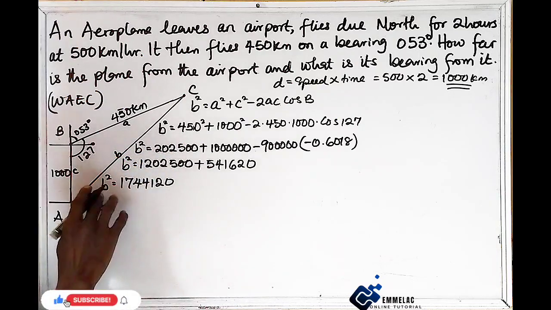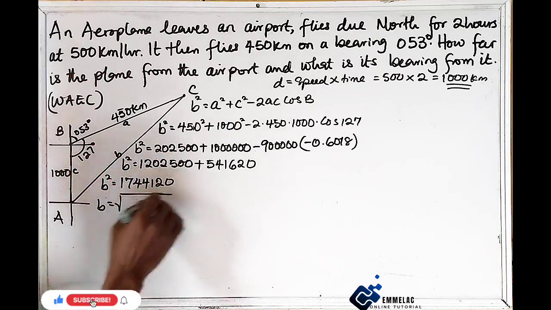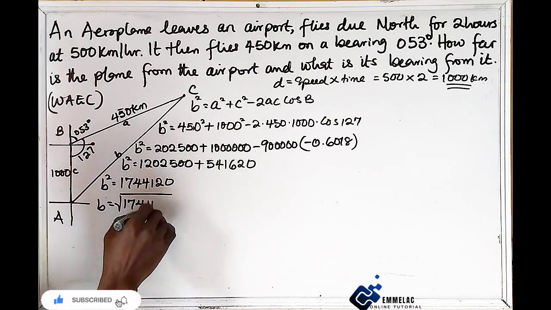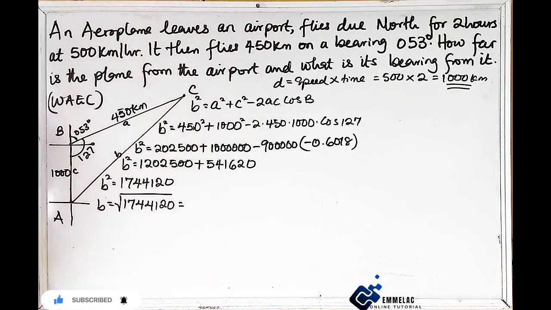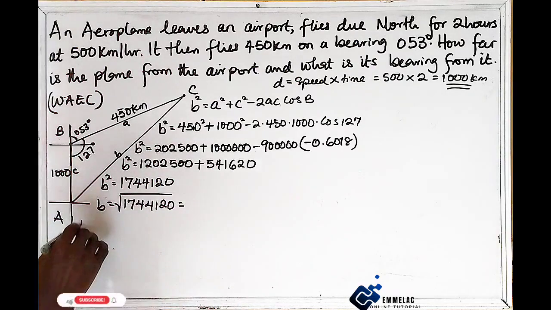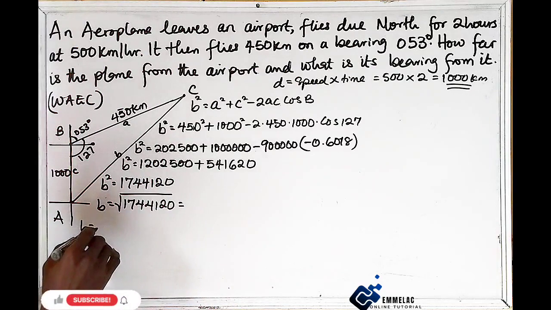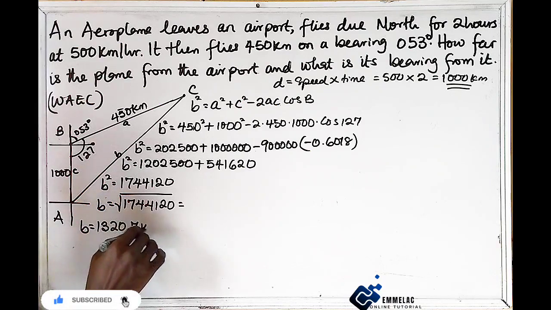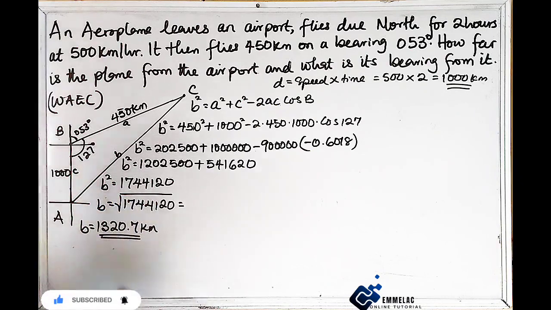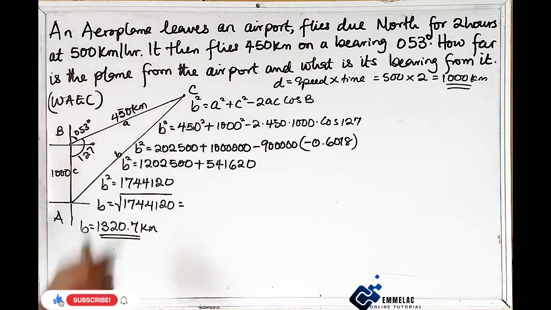If you find the square root of 1,744,120, then b will give us 1320.6 or 0.7 approximately kilometer. So this is the distance between A and B.